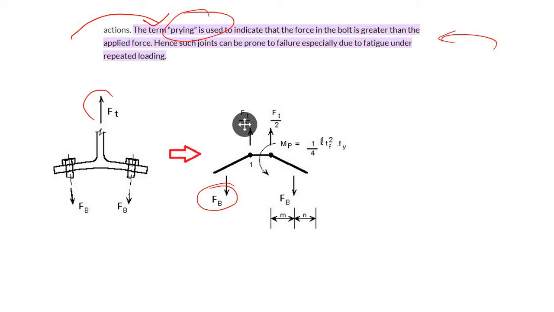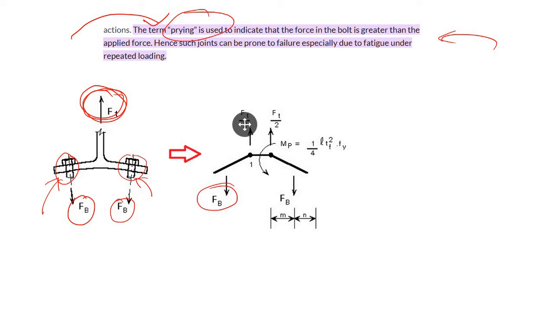If you are applying some forces and resisting the member by using some bolt, definitely there will be some reaction forces in the bolt. It's very natural. And if we use the term prying force, that means these reaction forces are more than the applied force. Now how can this be possible? That is the basis of discussing this topic.